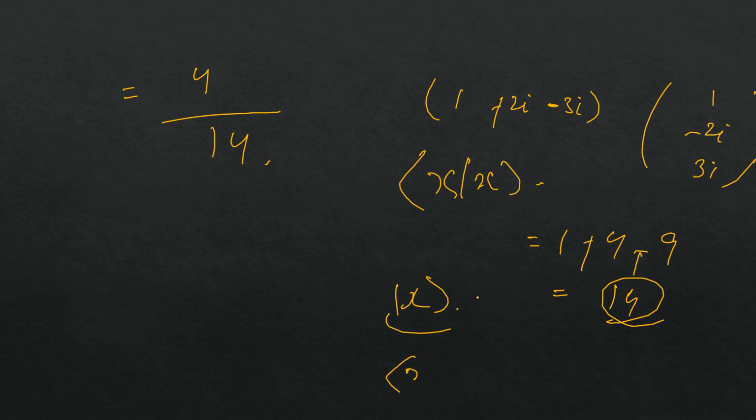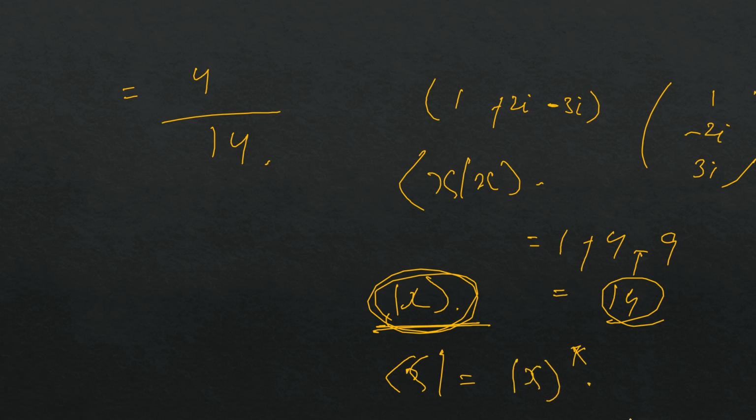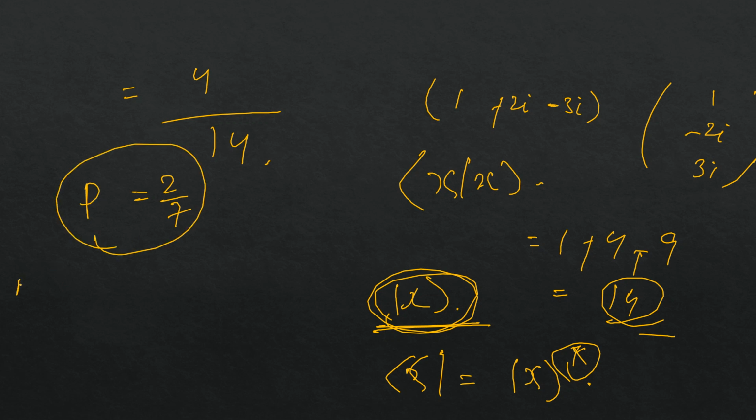If we do this, 1 plus 4 plus 9, it's 14. Okay, so this will be 14. The ket is actually given, so the bra will be what? The complex conjugate, so 1, plus 2i, minus 3i. That's why it's 14. So 4 by 14, that means 2 by 7. So this is the probability. So the number of undeflected particles will be how much?